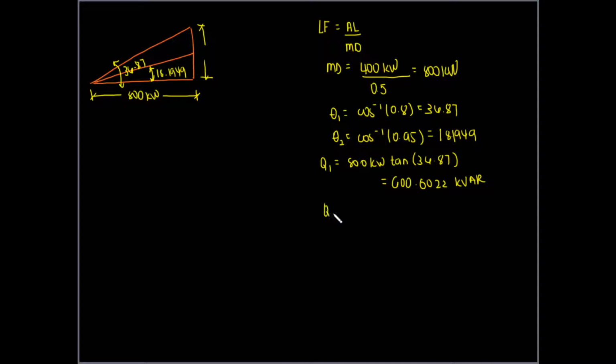Similarly, the new value of reactive power after the correction is now 800 kilowatts times tangent of 18.1949, which is 262.9477.